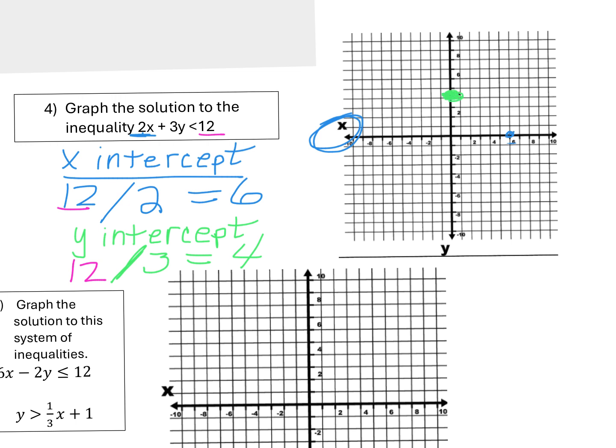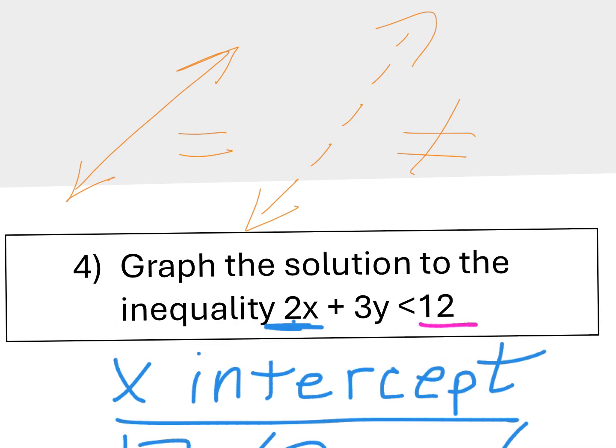So the first one is right here at 6. And then this other coordinate is right here at 4. Then we need to decide whether we're going to use a solid line, which we use when we have an equal to symbol, or the dashed line, which we use when we have no equal to.